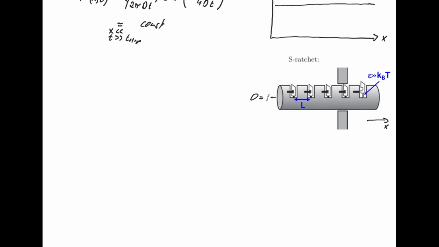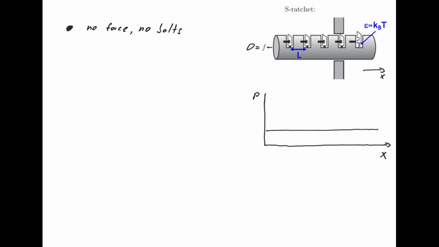So let's add some complexity. So far we considered there's no force and there are no bolts, and we found that the probability distribution to be at a given place is flat in space. What we also could have a look at is how the energy of the system changes with the position.